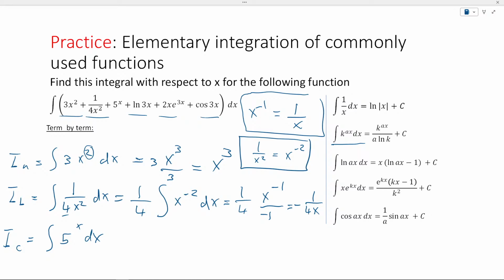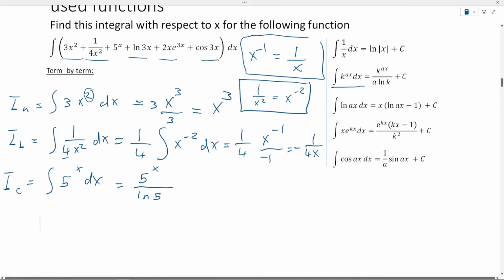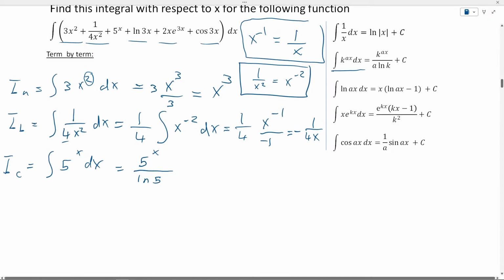I just follow the rule. So that would be 5x divided by a, which is 1 in that case, times ln 5. Ln k is ln 5, plus c. I can write it down, but I'll just ignore it. So for this one, that's basically what you got.